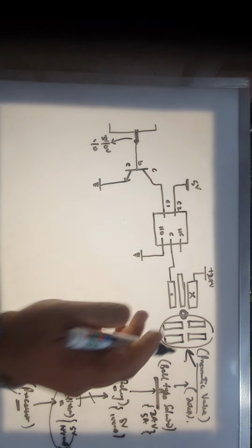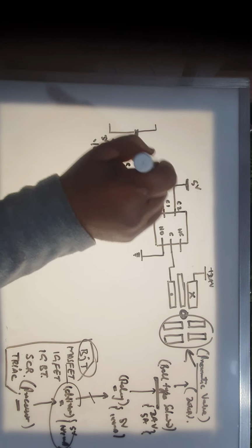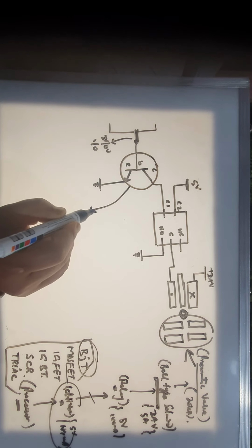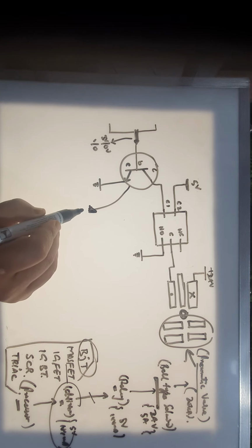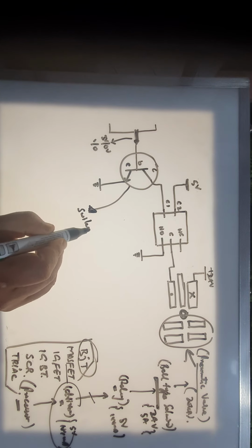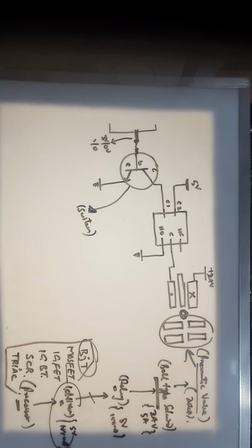So it is a staggered process. Now what will happen here, you already know that this transistor needs to be connected as a switch. So you will require the biasing mechanism so that it is used as a switch.